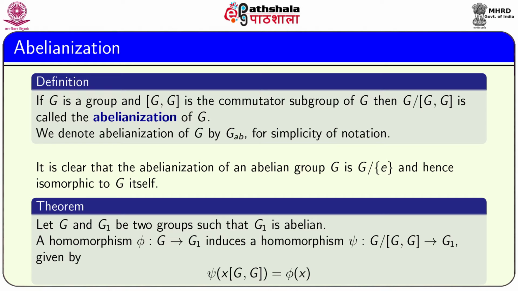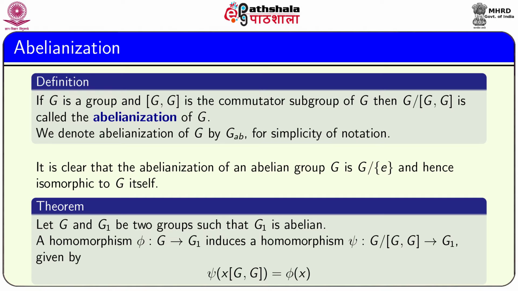We call this quotient group the Abelianization of the group G, and we denote it by G_ab for simplicity of notation.